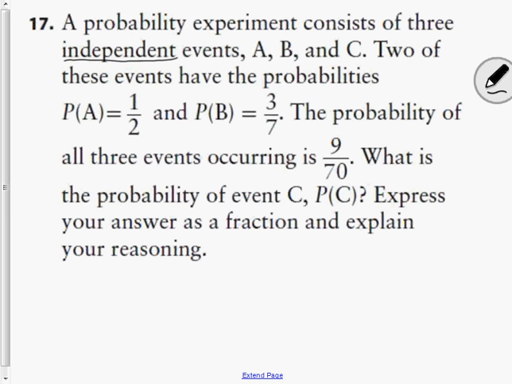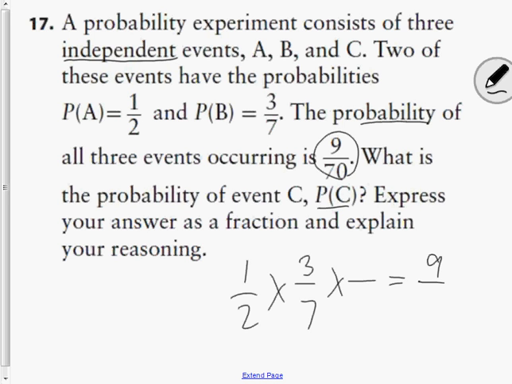The third probability, probability C, we don't know. So the probability of the first event and the probability of the second event and the probability of the third event, we don't know. But we know that the overall probability of these events occurring is 9 out of 70. So 1 times 3 times something gives you 9, which means this has to be a 3, because 1 times 3 times 3 is 9.